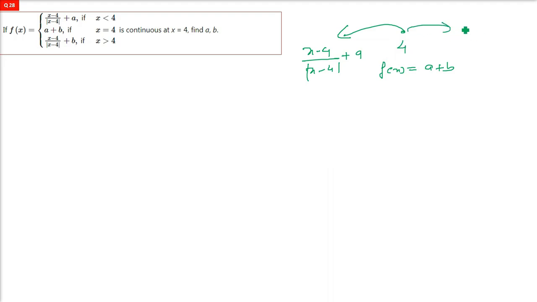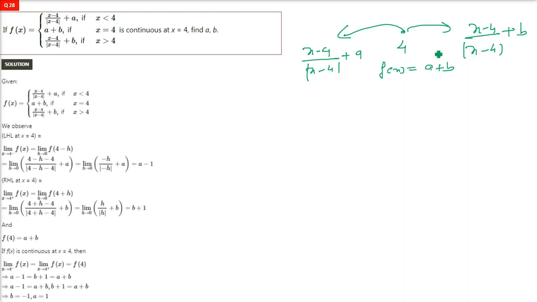When we go on the right hand side, it is going to be x minus 4 divided by modulus of x minus 4, plus b, when x is greater than 4. So these are the situations. So left hand limit and right hand limit we are going to find out, and we will equate it to a plus b, and we'll try to see whether we get a or b or not.